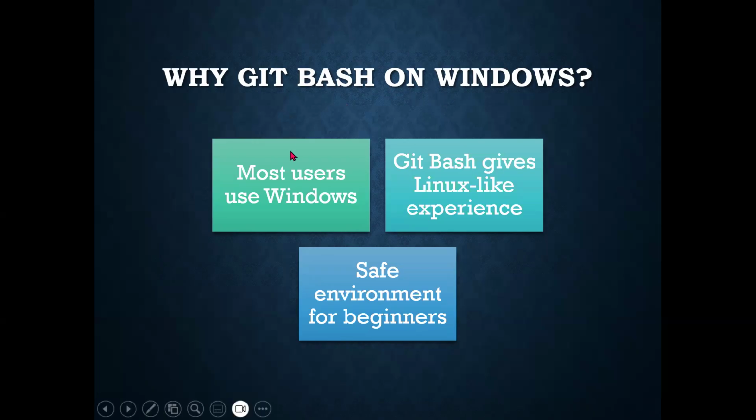So of course, most users use Windows, so it's easy to do this on Windows. And Git Bash gives a Linux-like experience. Okay, so Git Bash is what we call a shell, or what we call an SSH client, secure shell client.